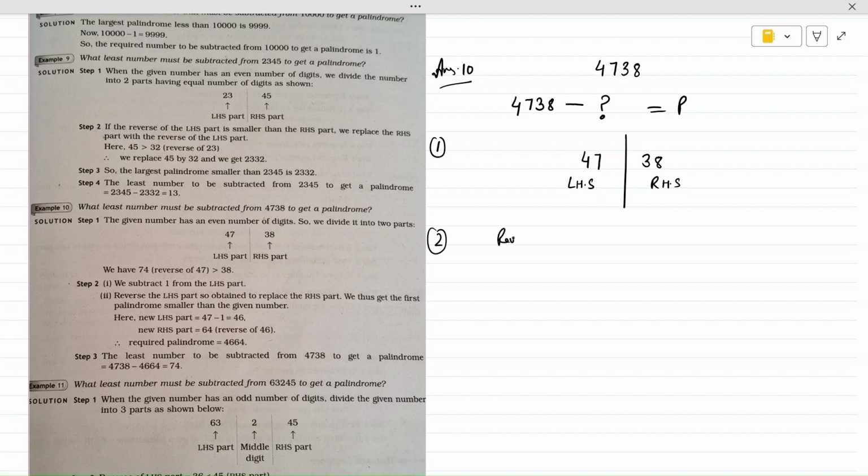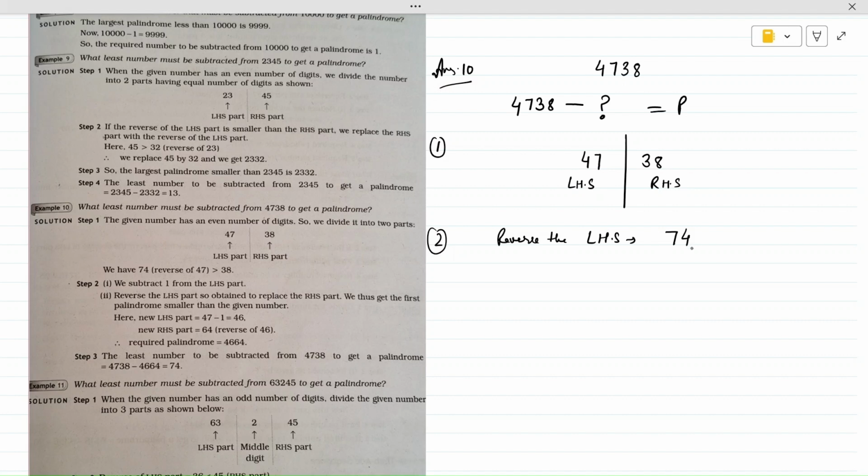Second is reverse the LHS. So kids, when we reverse the LHS, it becomes 74. This 74 means the number will be in the 7000 series, which is much greater than this. But we don't want that, because our number should be less than 4738. On reversing the digits, we are getting 74, which is large.